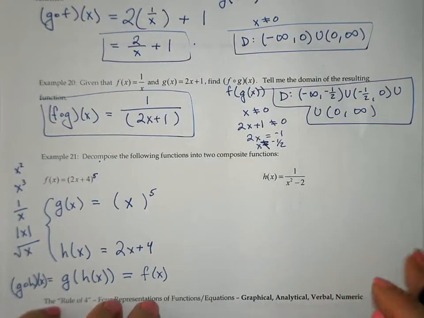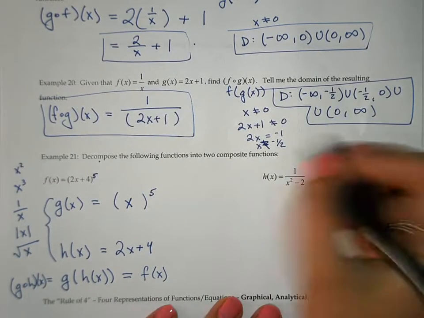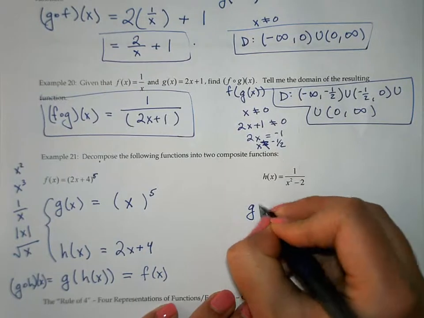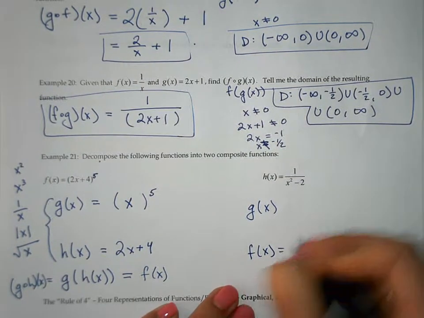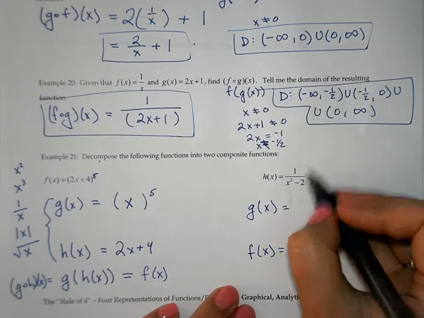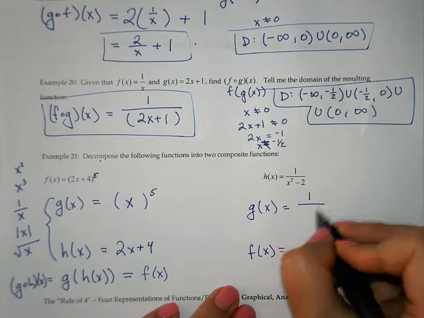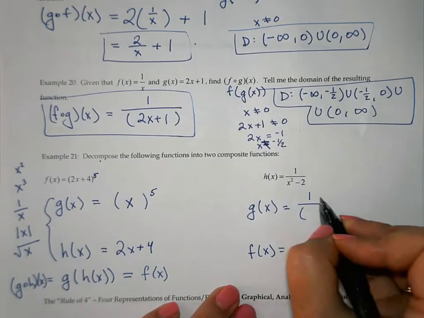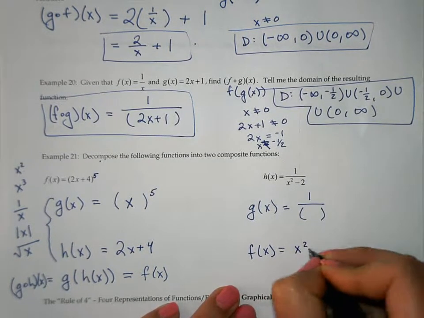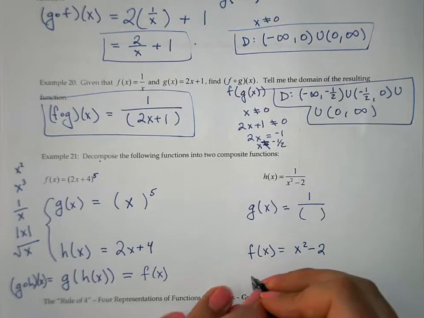This one over here on the right, again, what's the overall pattern we see? I see something in a denominator. So I'm going to say I see 1 over something. That's going to be my first pattern. What did I stick into the denominator? I stuck x squared minus 2 in.